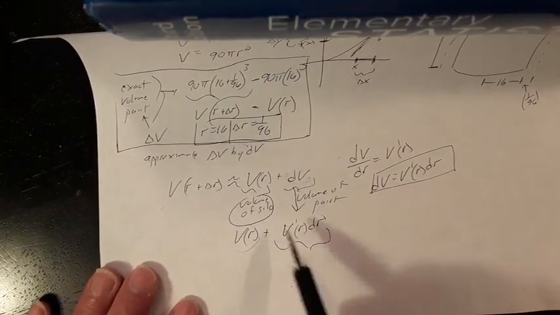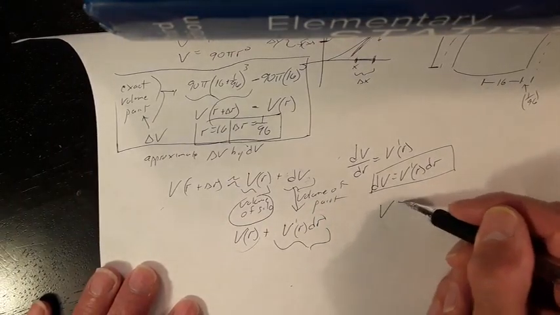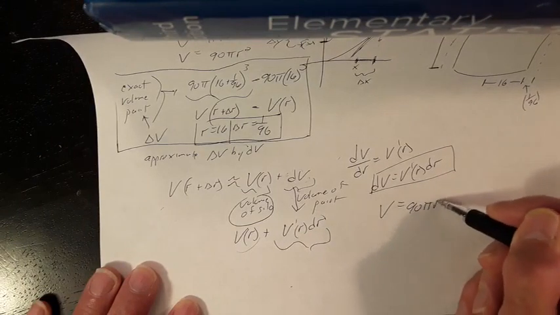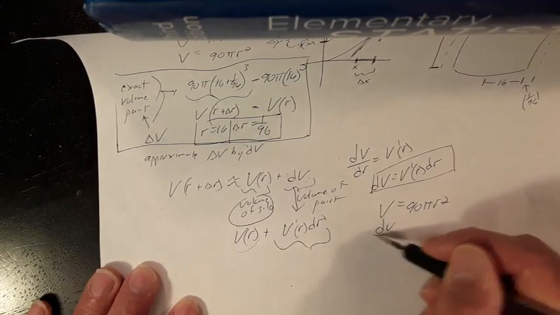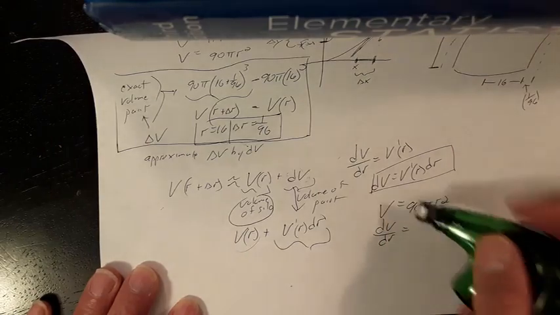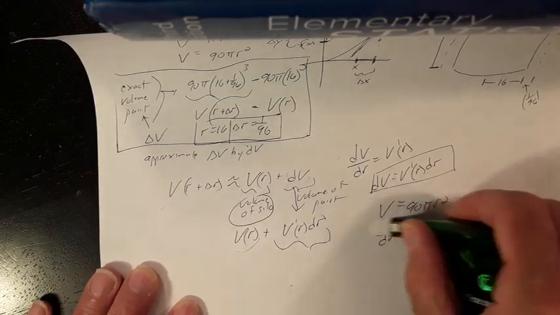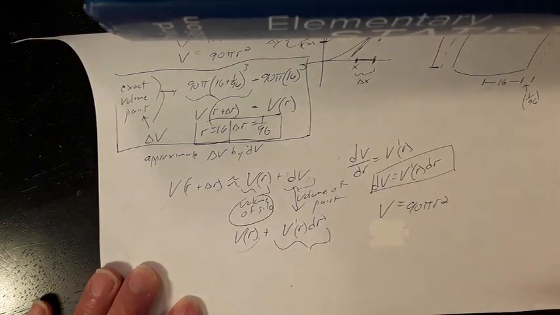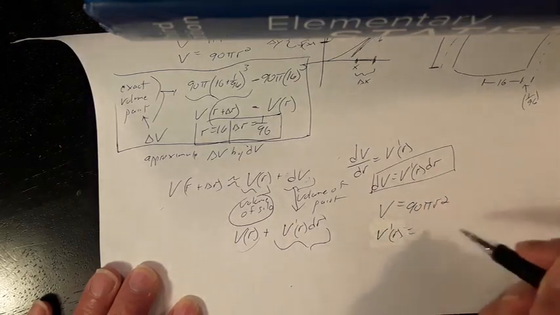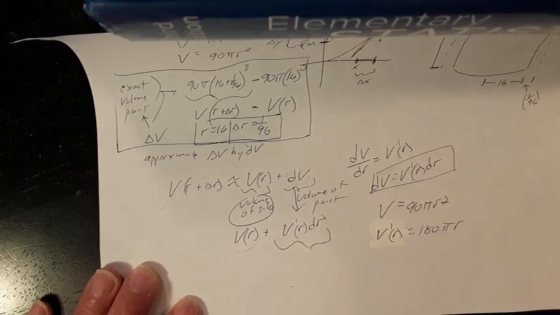So remember now, r is 16. Since V is 90 pi r squared, then V prime of r is going to be 2 times 90, which is 180 pi r.